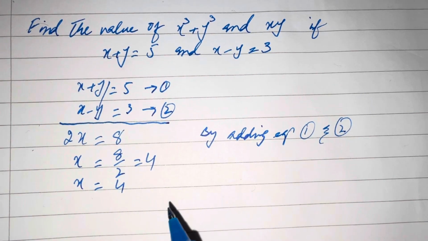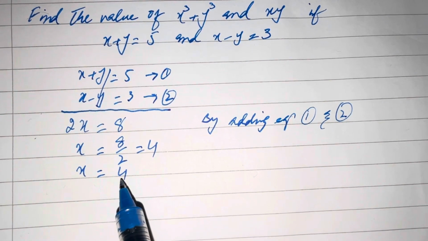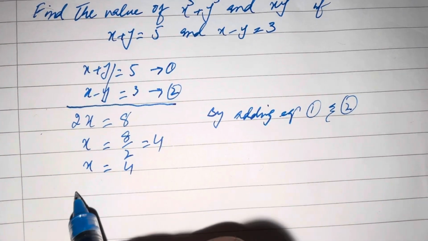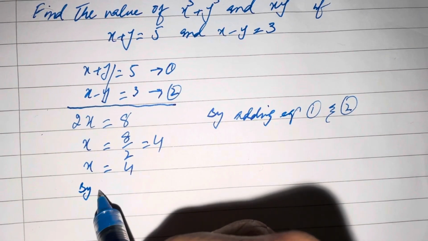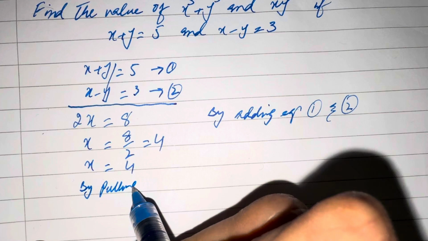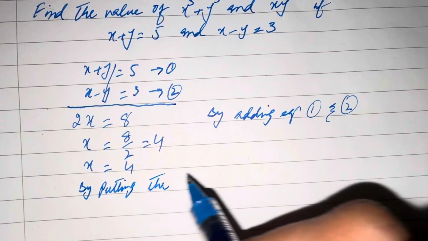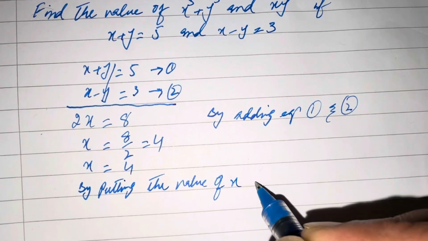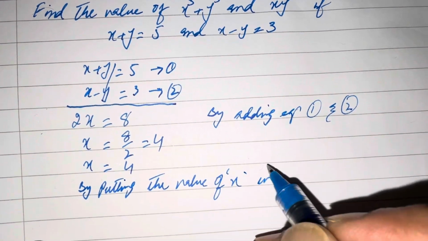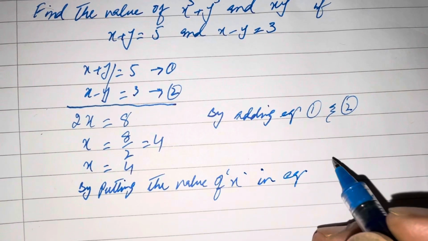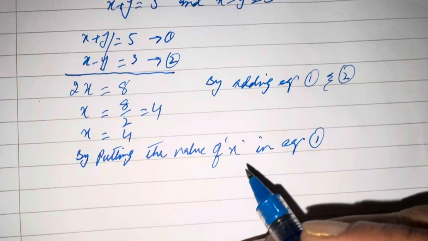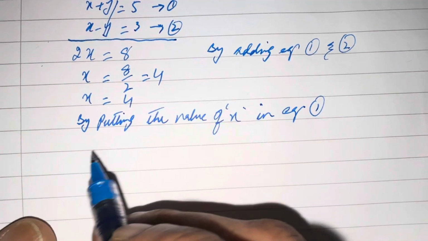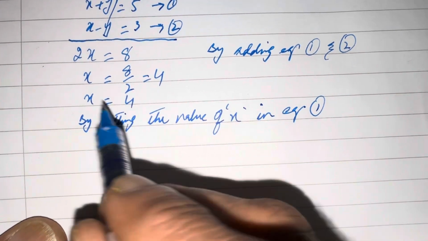So let's see, if we put the value of x in equation number 1, what's going to happen? The value of x is equal to 4.